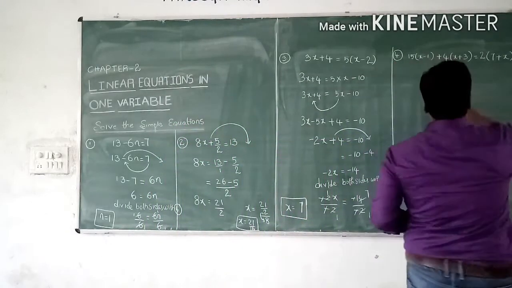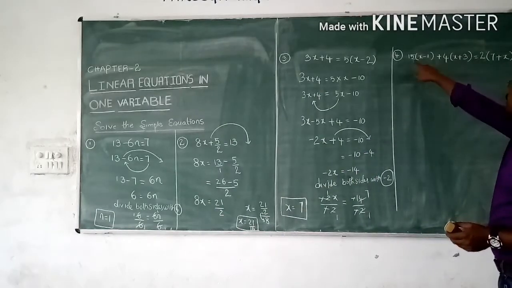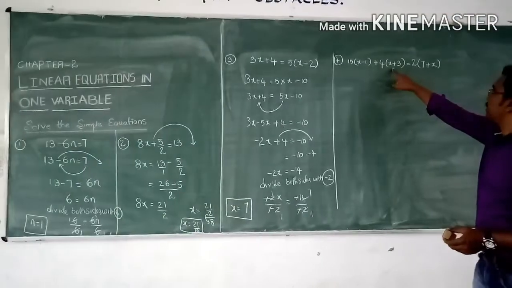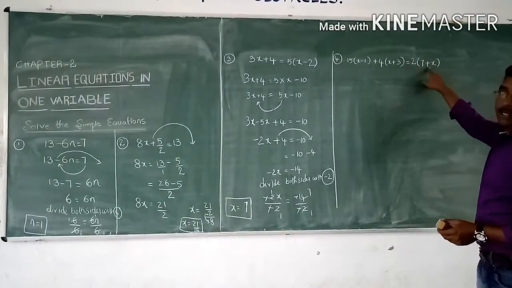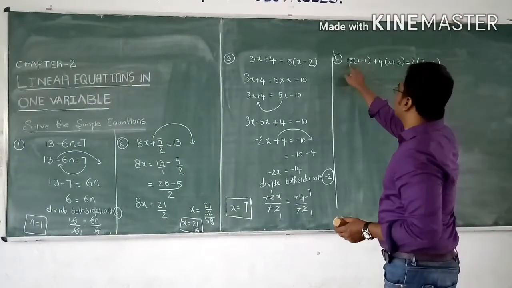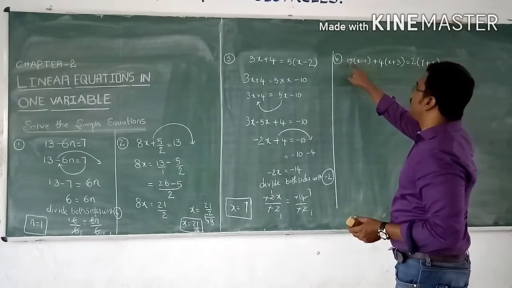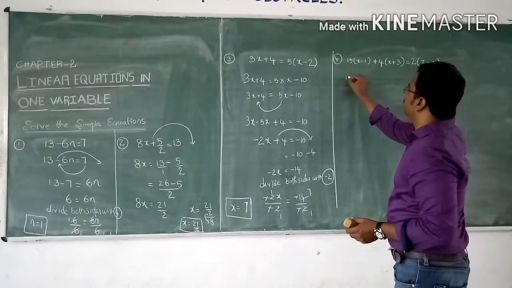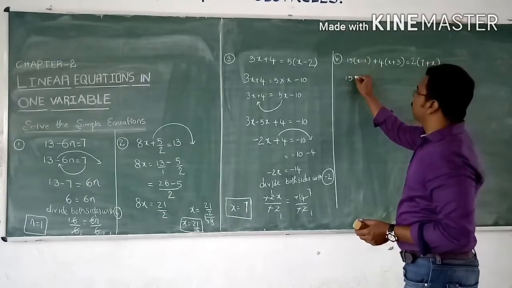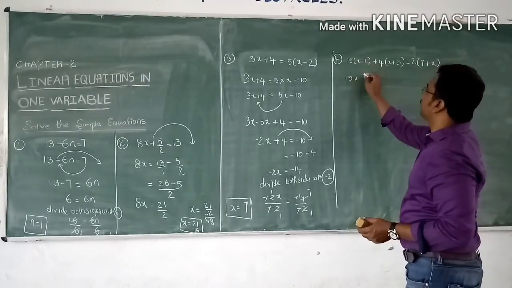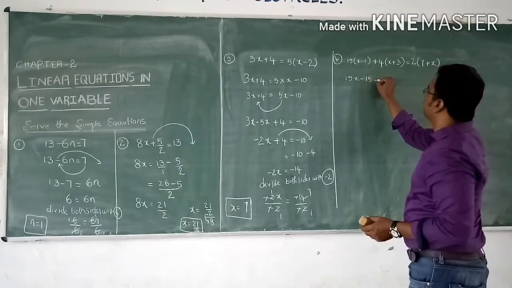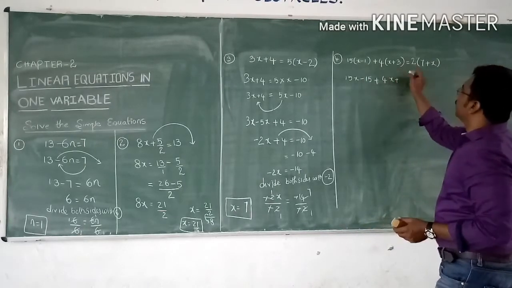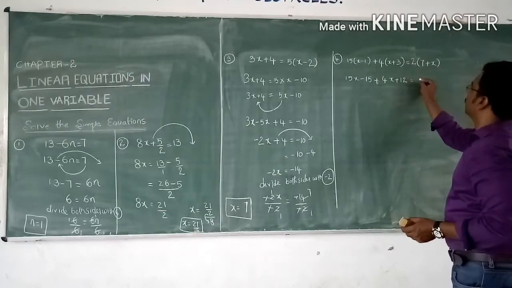Now let us see one more problem. 15 of x minus 1 plus 4 of x plus 3 is equal to 2 of 7 plus x. So here 15 of, that means we have to multiply 15 with the bracket x minus 1. 15 into x, 15x, 15 into minus 1, minus 15, 4 into x, 4x, 4 into 3, 12.